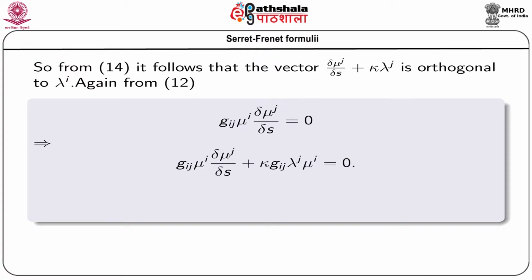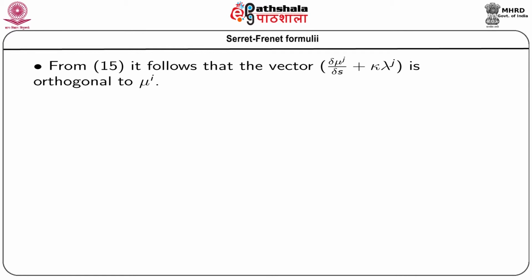So, we can write this term as an addition, and if we take g_ij μ^i common, again we get that ∂μ^j/∂s plus κ λ^j is a vector orthogonal to μ^i. So, what we have observed is that ∂μ^j/∂s plus κ λ^j is orthogonal to λ^i and also μ^i.